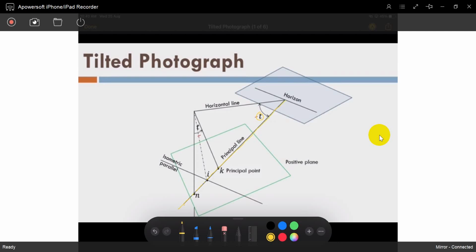If you capture the photographs and want to find out the coordinates, this is an exactly horizontal plate and this is the principal point. But if you want to find out the scale, the photograph is exactly perpendicular, but if you take this ground surface, previously we discussed it like this.